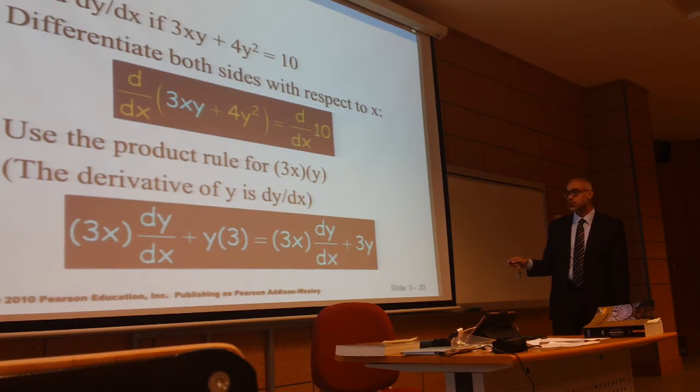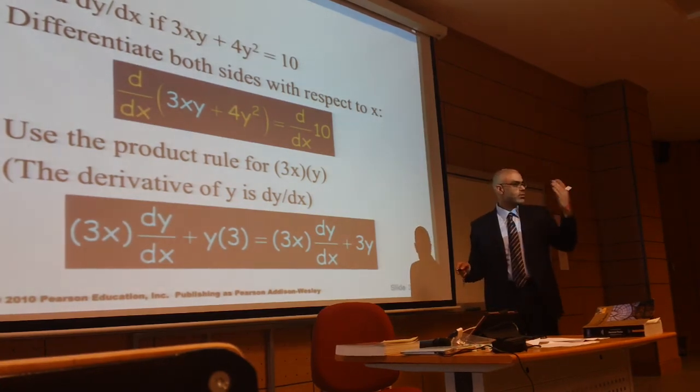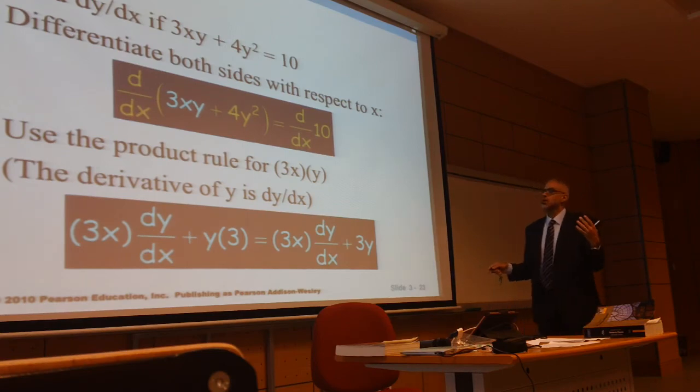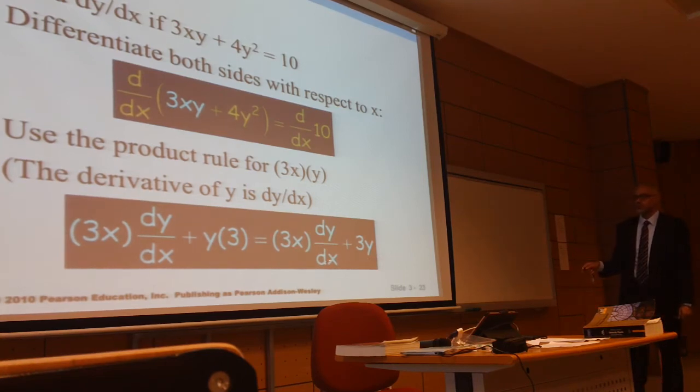Remember that I'm differentiating with respect to x, so any y, when I differentiate it, I have to multiply by dy by dx. The differentiation of 3x is directly 3. Officially you can write it as 3 dx by dx, but dx by dx is equal to 1. And now this one will be equal to... he just wrote 3y here.